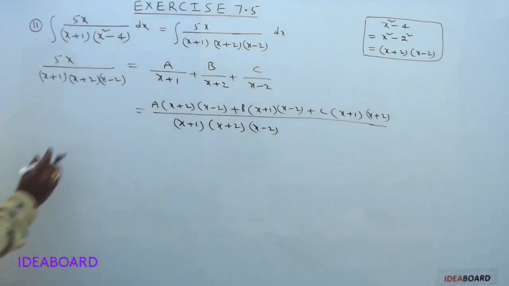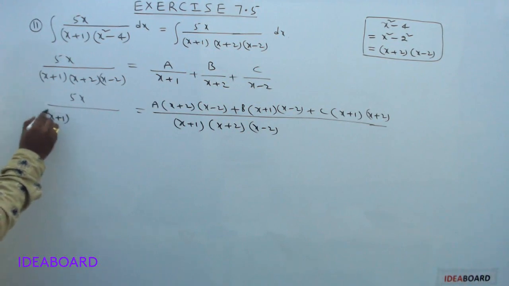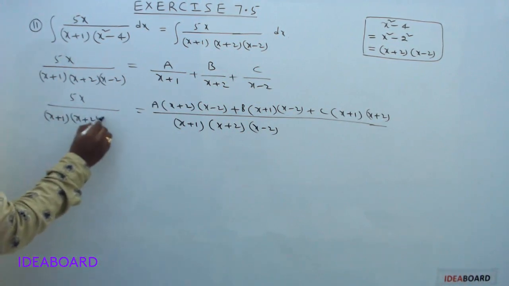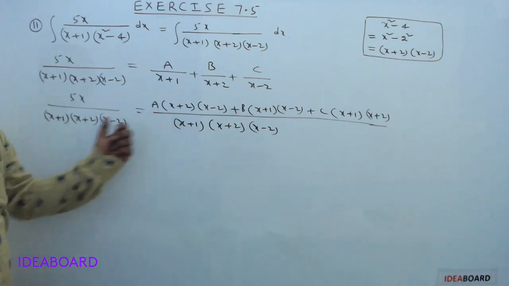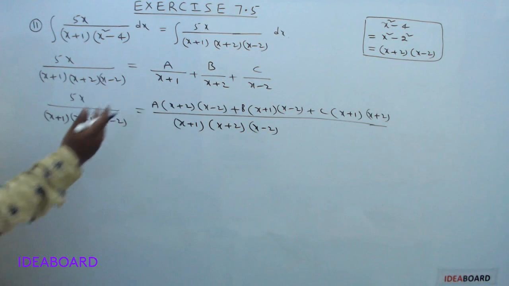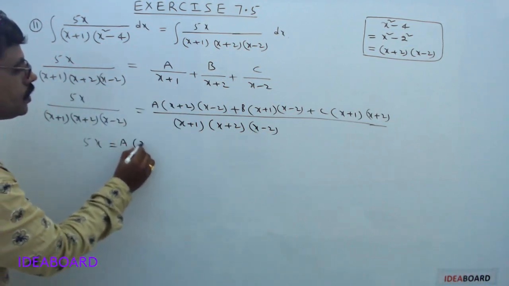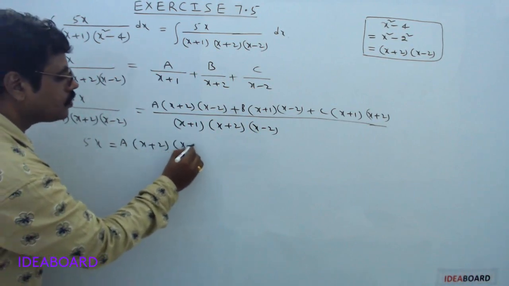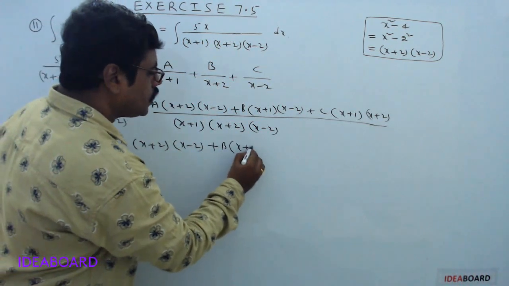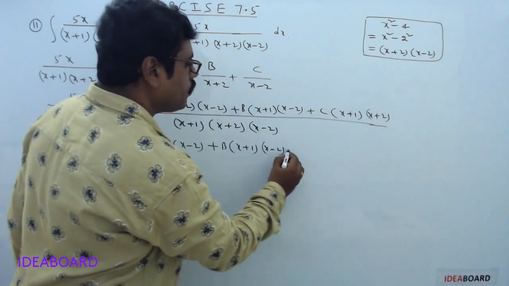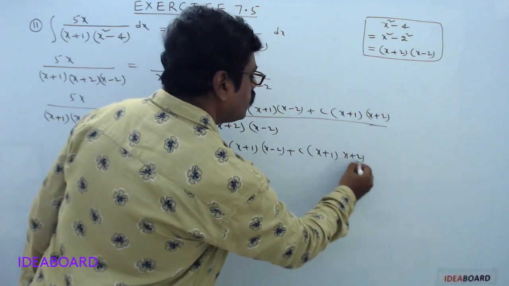Now carry the LHS as it is, 5x divided by (x plus 1) into (x plus 2) into (x minus 2). Now cancel the denominator on both sides. Then write down the remaining expression: 5x equals a into (x plus 2) into (x minus 2) plus b into (x plus 1) into (x minus 2) plus c into (x plus 1) into (x plus 2).